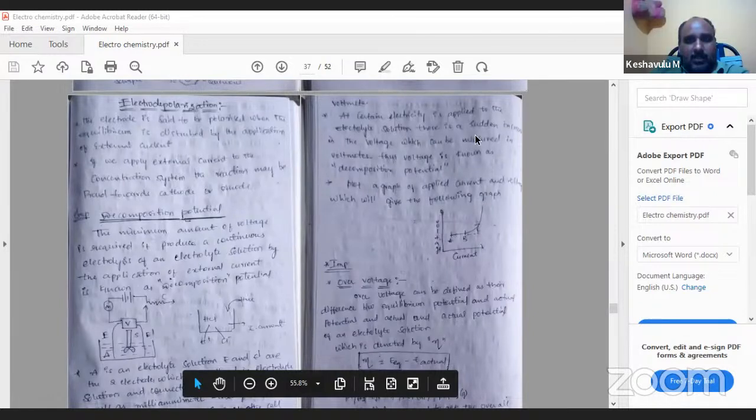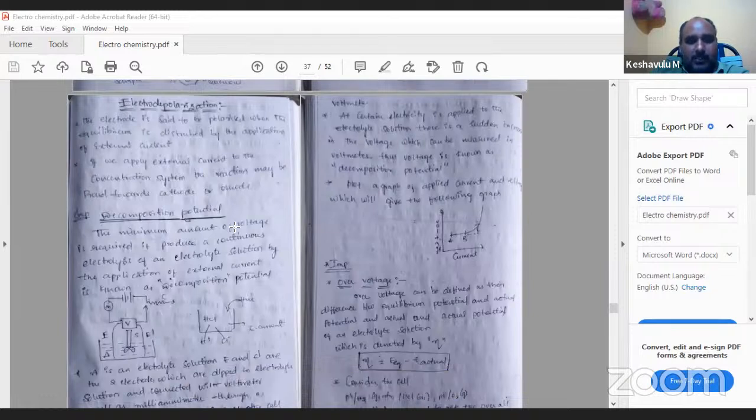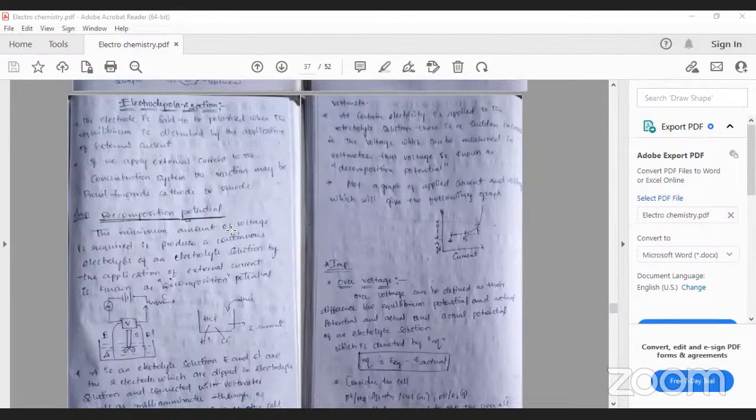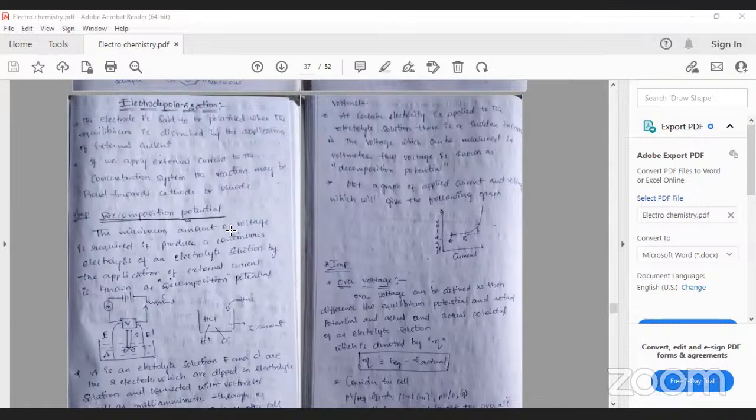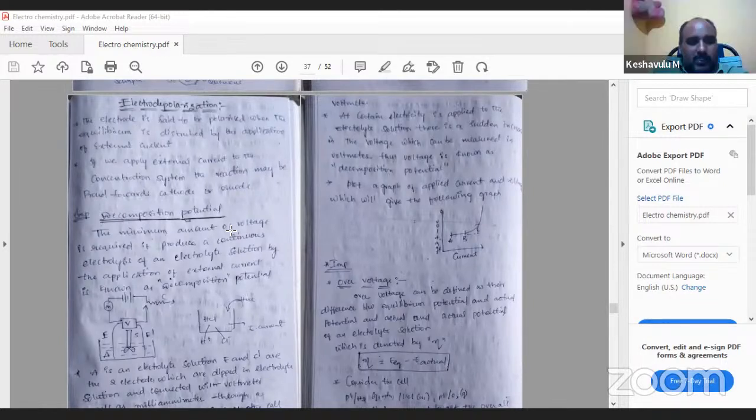So we will discuss the previous class first, then let me continue. In the previous class we discussed the types of electrodes. Those electrodes may be utilized to measure the potential of the cell, like the hydrogen electrode, glass electrode, calomel electrode, metal ion electrode, silver chloride electrode, and quinhydrone electrode. All these electrodes may be used to get the potential.